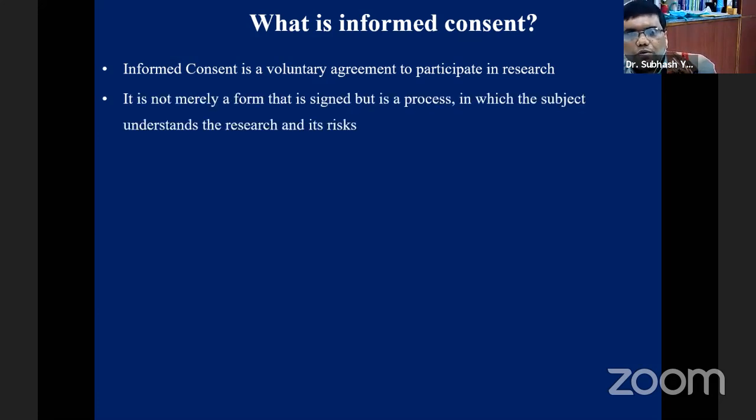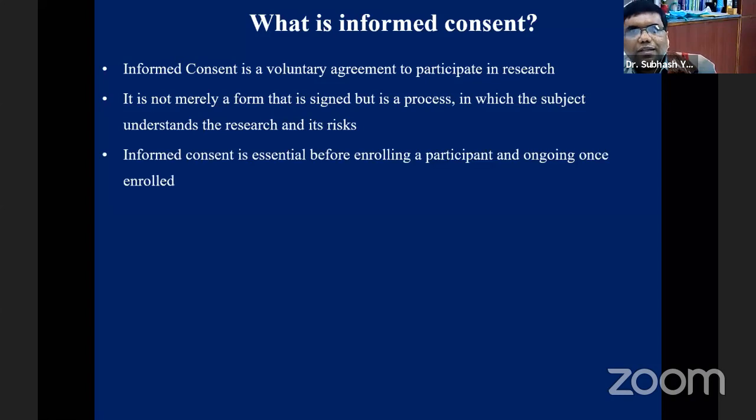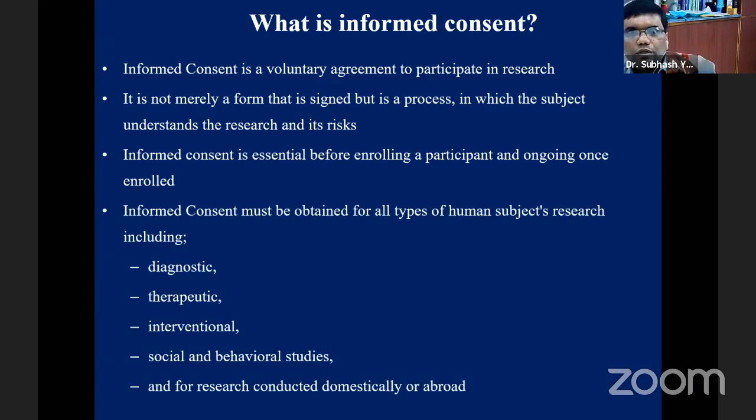It is not merely a form, not just signing a document, but a process in which the subject understands the research and its risk. As an investigator, doctor, or researcher, it is our duty to make the subject understand what we are going to do, and what the risk and benefit are. Informed consent is essential before enrolling the participant and ongoing once enrolled.